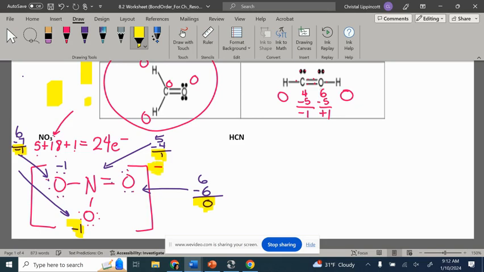That's where they get that -1 on the outside here. Does that make sense? Oxygen is more electronegative than nitrogen, so our negative charges are on our more electronegative element. So that's a good thing as well. Okay? See if you can do HCN and come up with the formal charges on that structure.